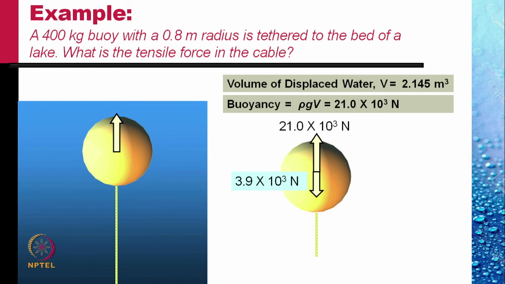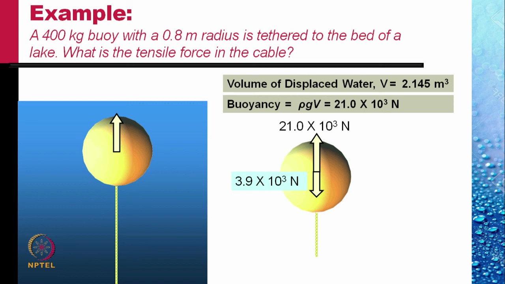On this free body diagram, we would have the buoyancy force, the tension in the string, and the weight of the buoy itself. So the buoyancy must balance the weight of the buoy plus the tension, and so tension would be equal to the buoyancy minus the weight of the buoy.